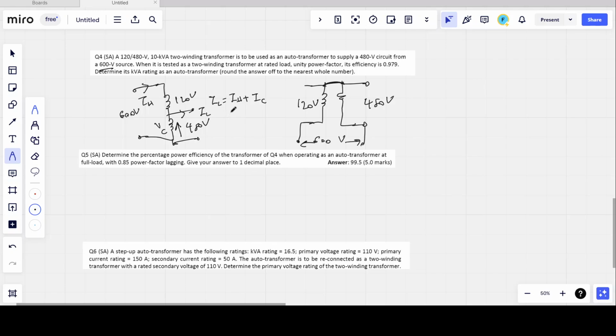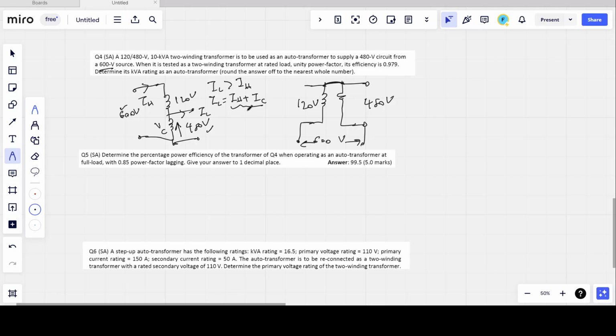In a step down transformer we expect the voltage to be lower, and that's the case here. So you can see that 480 is lower than 600, but it is actually the opposite when it comes to the current. So we expect I low to be higher than I high, and this is the relationship.